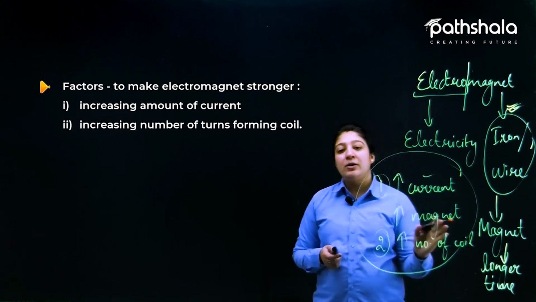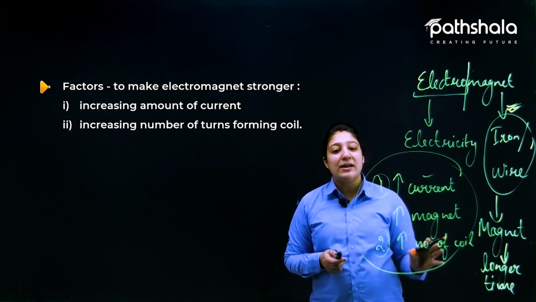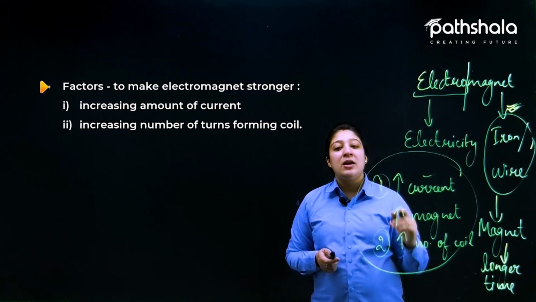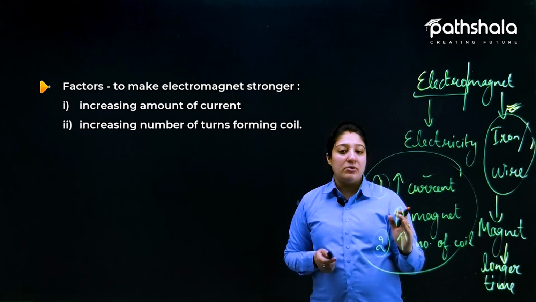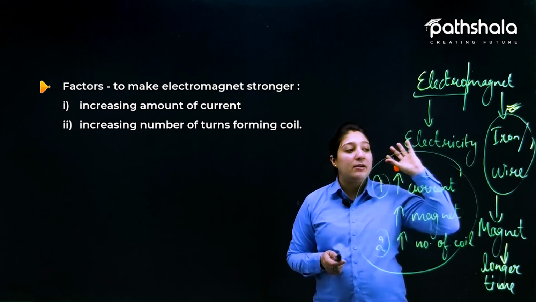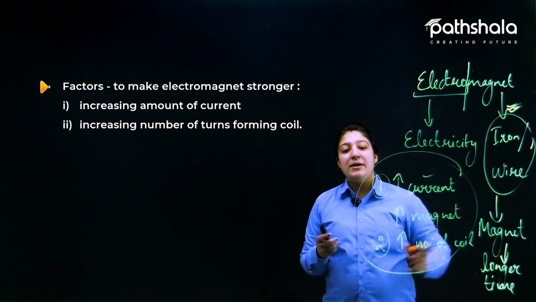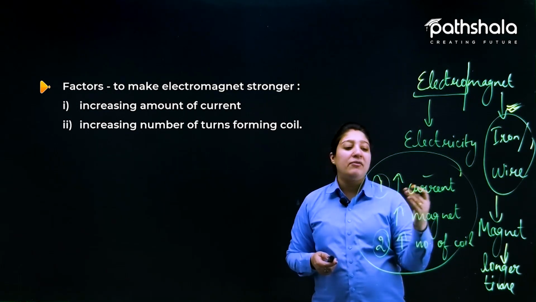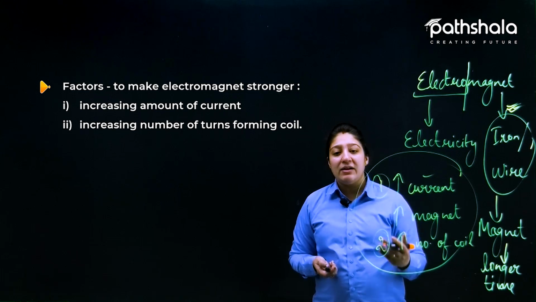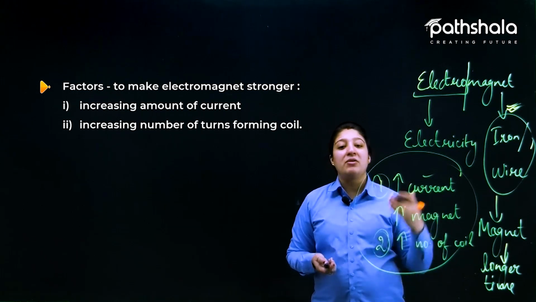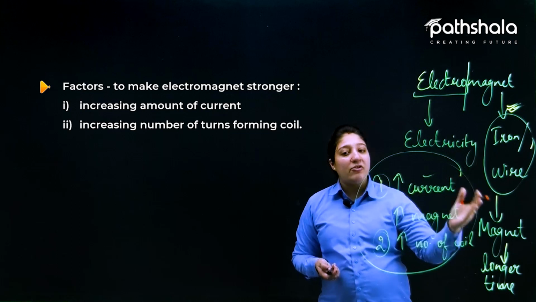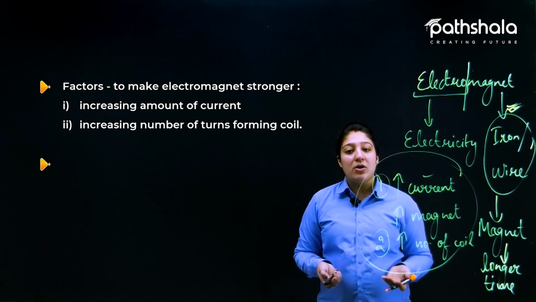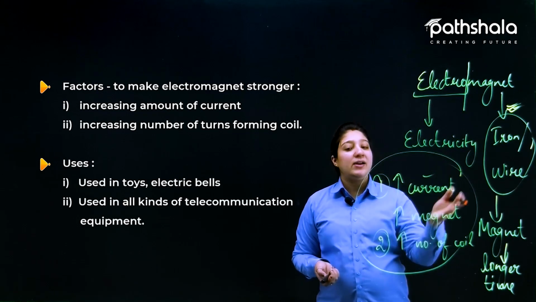And if we increase the number of coils, the electricity passing through these coils will take more time to pass, so the material will behave as a magnet for longer time. So these are the different factors on which the magnetic effect depends, and on which the electromagnet works for more time. That is how we can work on the working of the electromagnet.